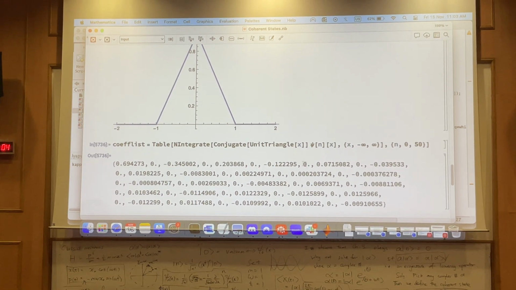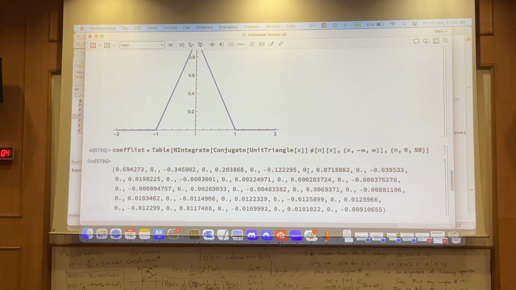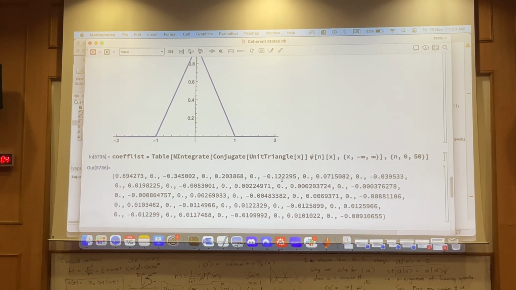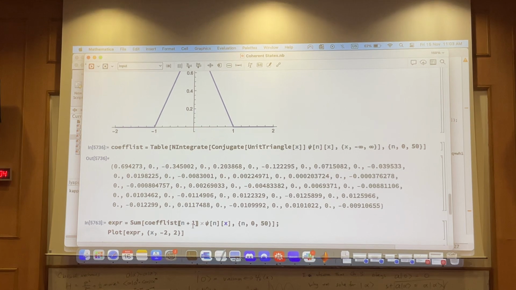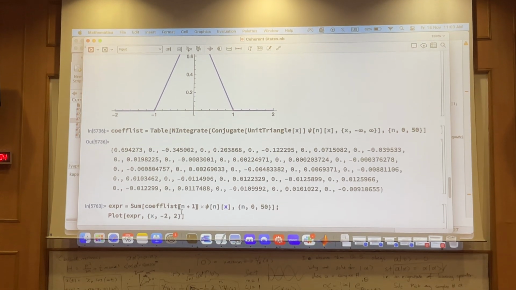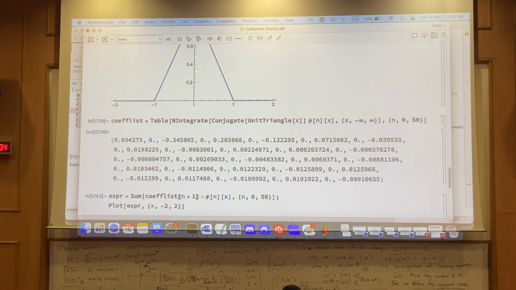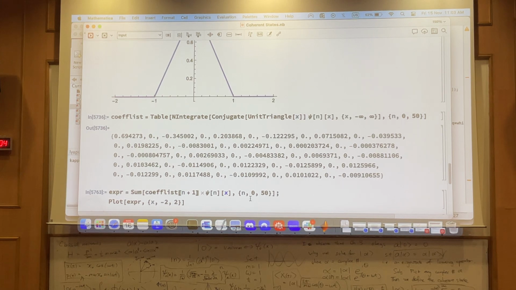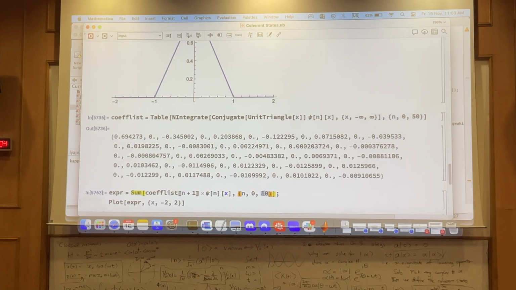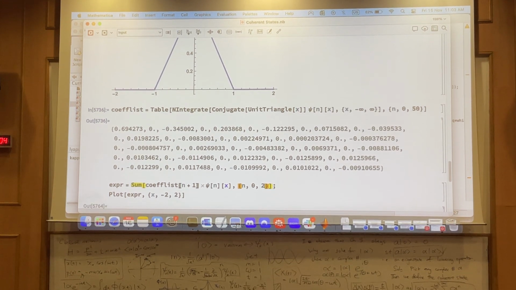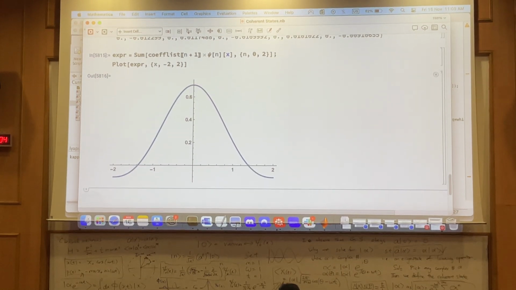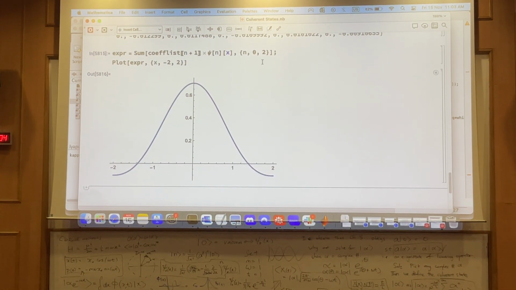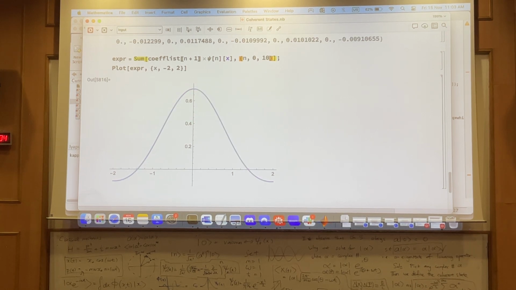And then you see other coefficients. This is psi2, psi4, psi6. And then I'm going to use the coefficients I've created, multiply them by the wave functions, and let's do it slowly. Let's calculate, say, 2 wave functions. Okay, it looks like this. It doesn't look like a triangle yet. Suppose I sum 10 of them.